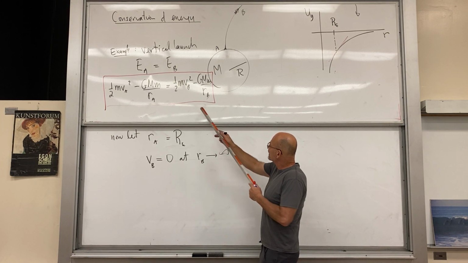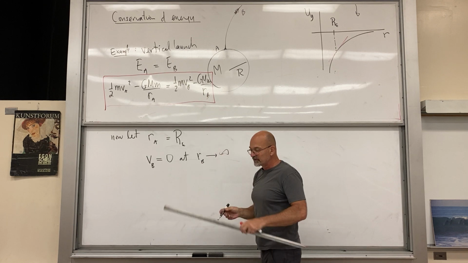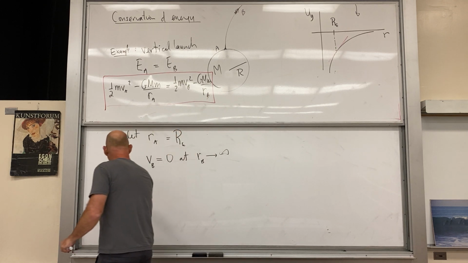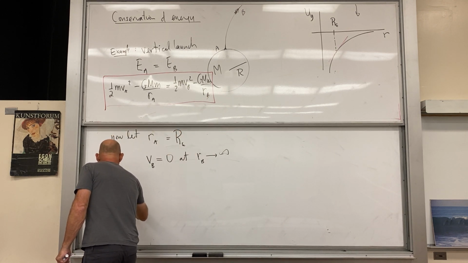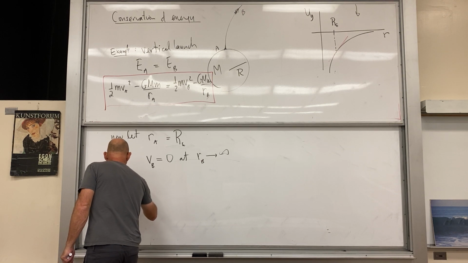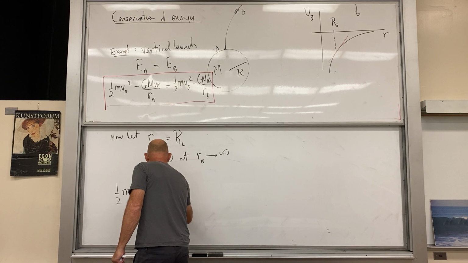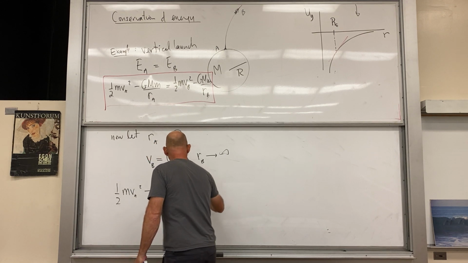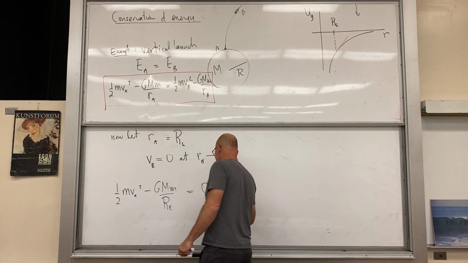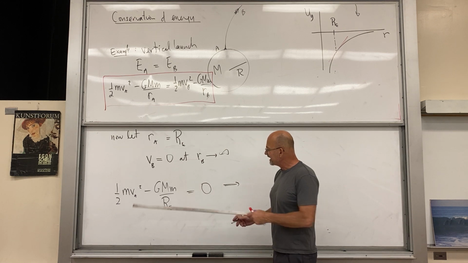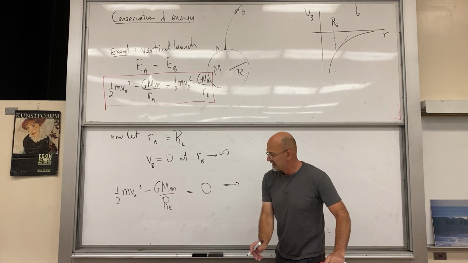What that does is it makes the right side of this equation equal to 0. And now we have 1/2 m v sub A squared minus G M m over Earth's radius equal to 0. So this speed is the escape speed.